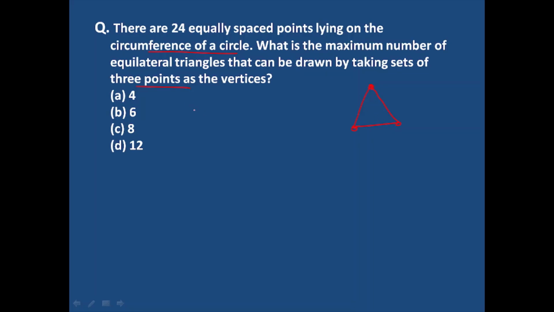Now there are 24 equally spaced points, and you have to form equilateral triangles out of these. So the total number of equilateral triangles that can be formed taking 3 points out of these will be 8. So option C will be the right answer.